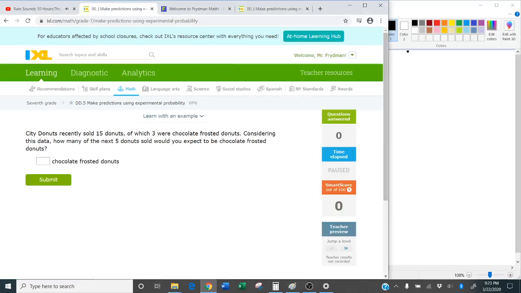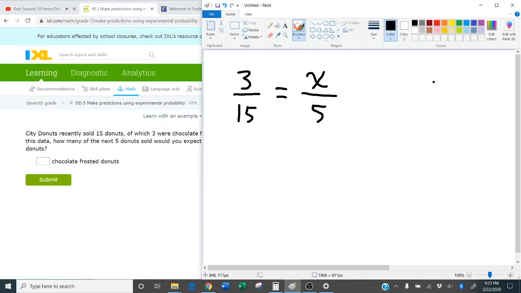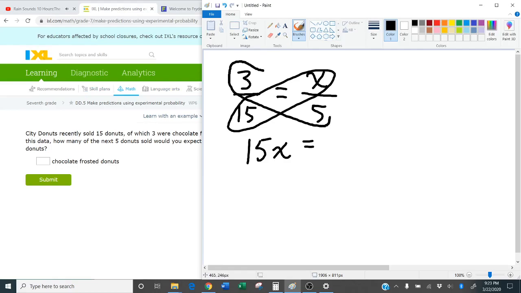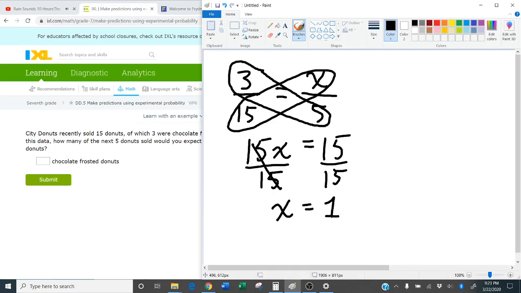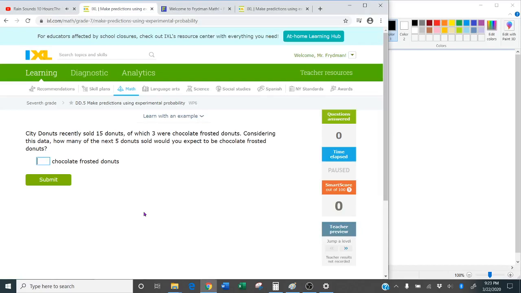Then we can just cross multiply. So 15 times x is 15x equals 3 times 5, which is 15. To get the 15 away from the x, we divide by 15, and we have to do the same thing on the other side. You can see that we get x equals 1. So again, there are multiple ways of doing this.